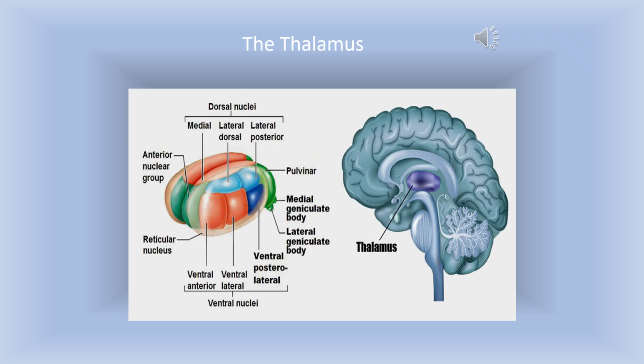Also, the thalamus is connected to the cerebellum, and the cerebellum is one of the coordinators of muscular movement. So the thalamus is a very complicated collection of nuclei that has a diversity of functions. On the next slide, there is a little more detail about those functions than what I've mentioned here. So have a look at that.